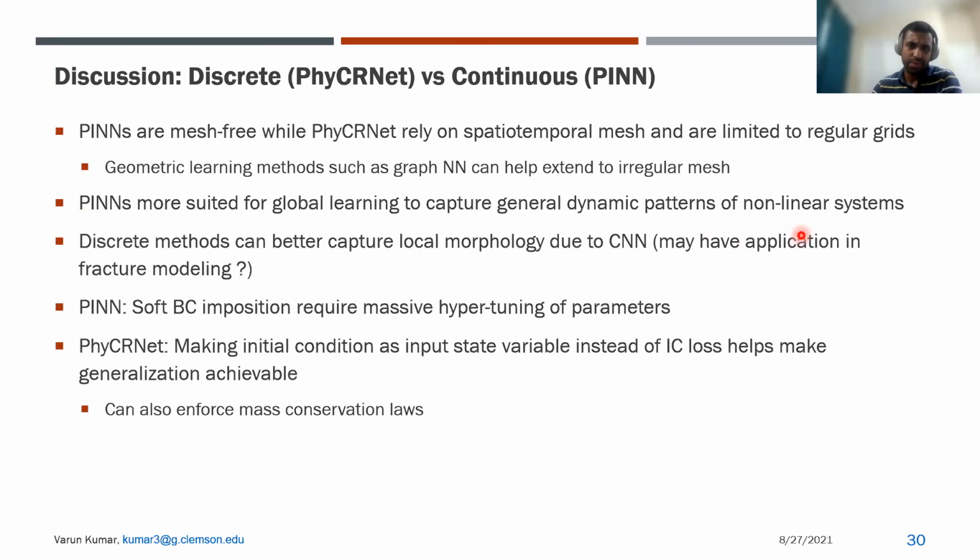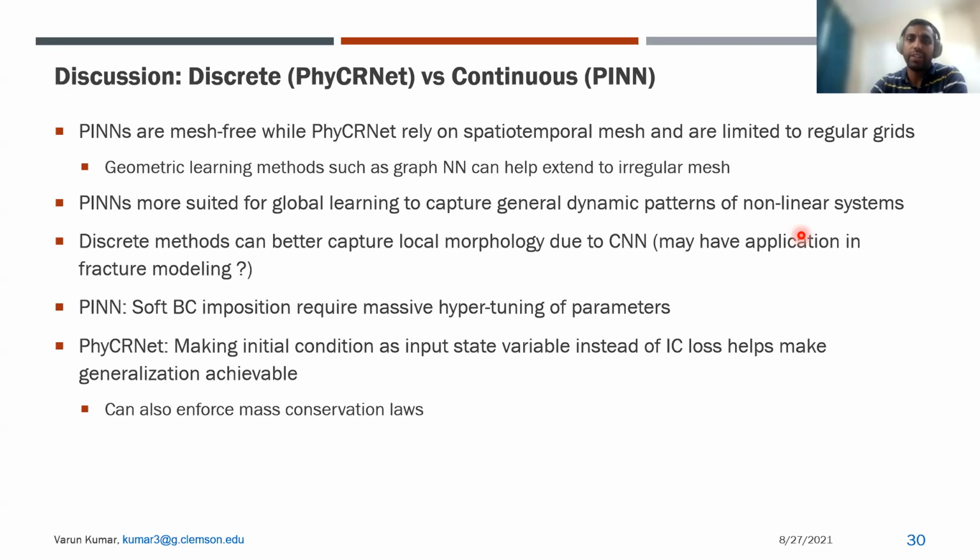In the end, they present a small summary with a discussion between PINNs and PhyCRNet. PhyCRNet is basically a discrete approach, whereas PINNs are a continuous neural network method. One of the biggest advantages of PINNs, as discussed earlier, is that they are mesh-free, whereas PhyCRNet relies on a spatiotemporal mesh, which is limited to regular grids.